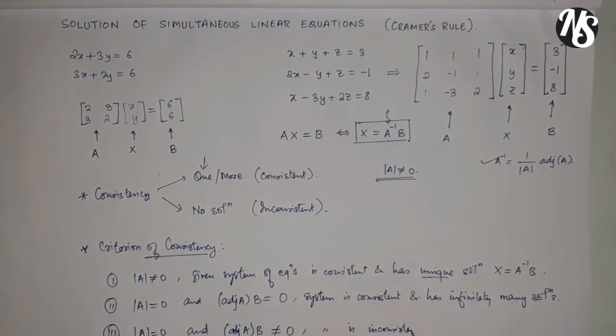So that's what you need to remember. I hope this much is clear to you. Now, if this much is clear, let's begin with the sums on simultaneous linear equations.